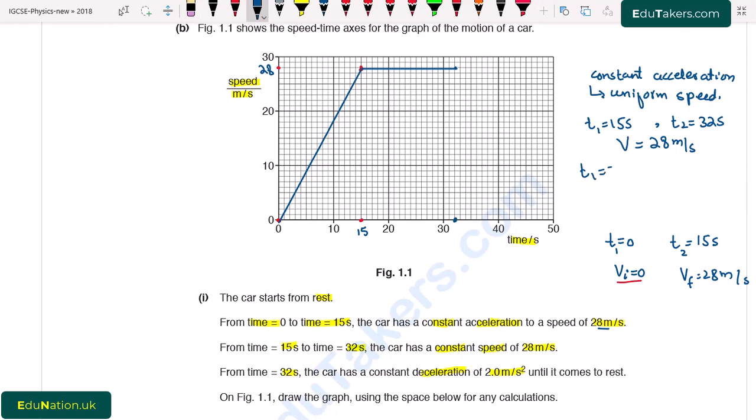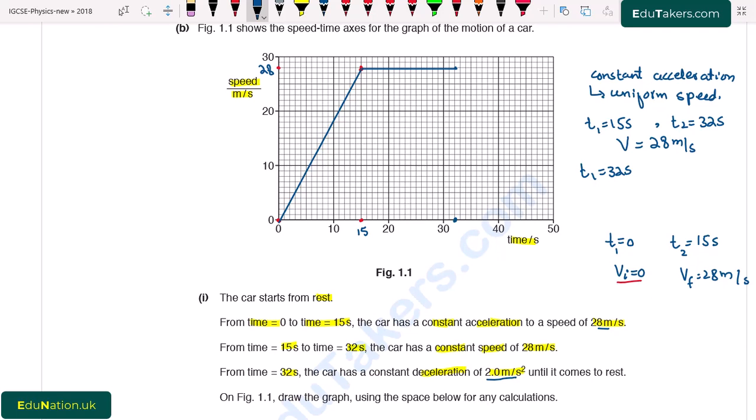So t1 will be 32 seconds. And then it moves with constant deceleration. It means that it moves with negative acceleration. Or we can simply say that the speed of bodies decreases with the increase in time. And its value is 2 meter per second square, and then it comes to rest.